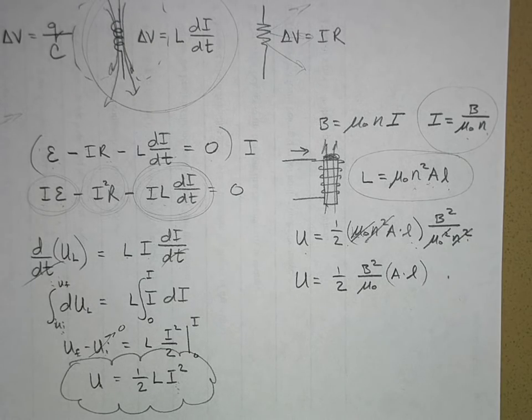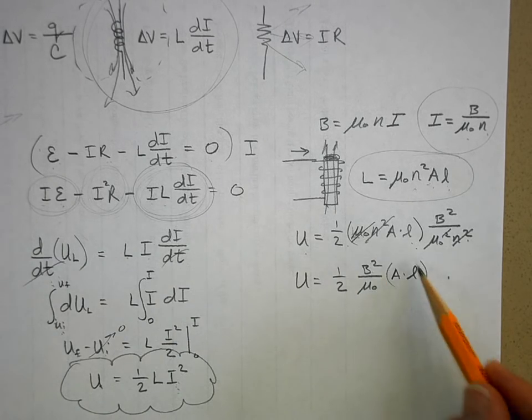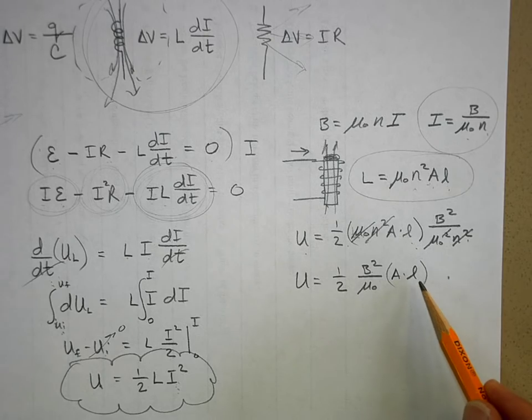This is the energy stored in a solenoid in terms of the characteristics of the solenoid. And notice that it really only depends on the strength of the magnetic field in there and the volume, which makes sense.